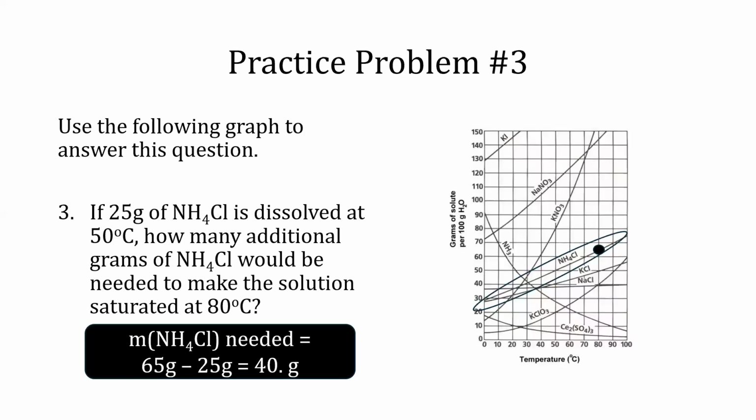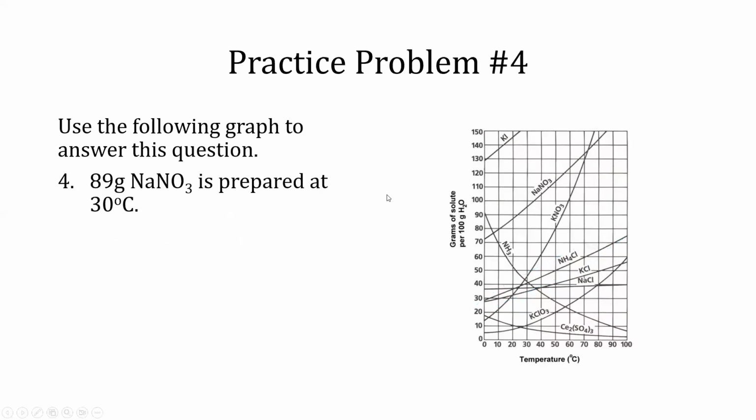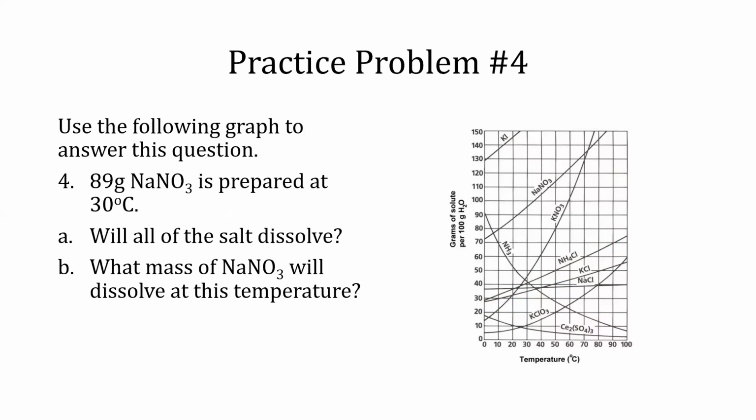Practice problem 4 is, 89 grams of NaNO3 is prepared at 30 degrees Celsius. A, will all of the salt dissolve? And B, what mass of NaNO3 will dissolve at this temperature?